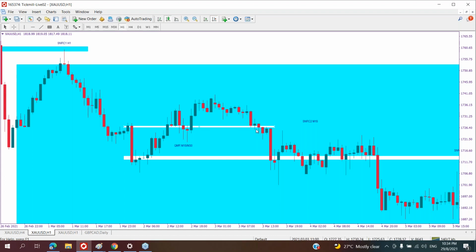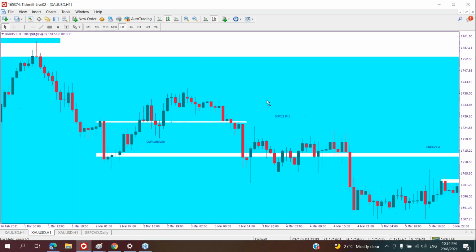And if I see the price close exceeding the entry point, I will start to cut loss.